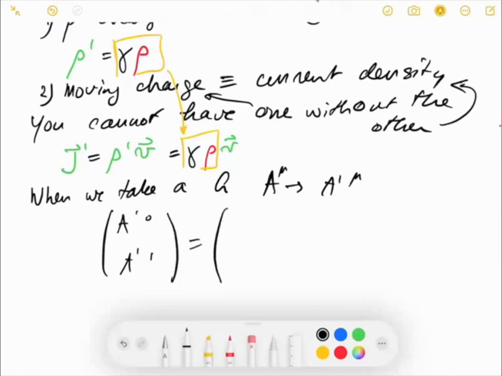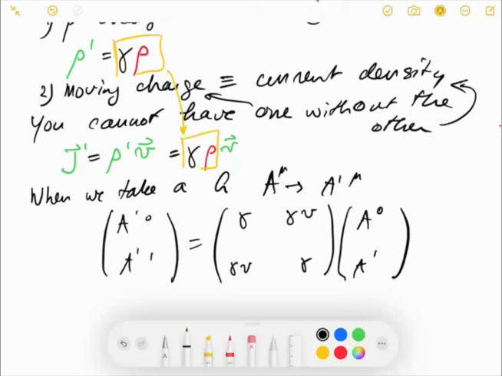And this is your Lorentz transform from the co-moving frame to the lab frame, so there's no minus there, because we're basically doing the inverse of what we usually do. And we take an A naught and an A1.